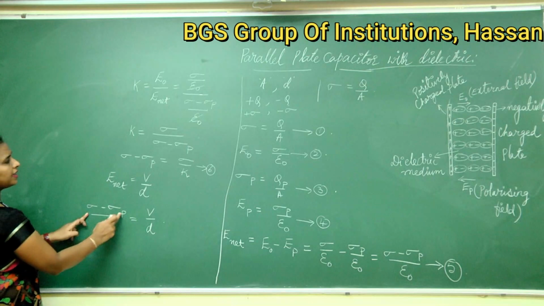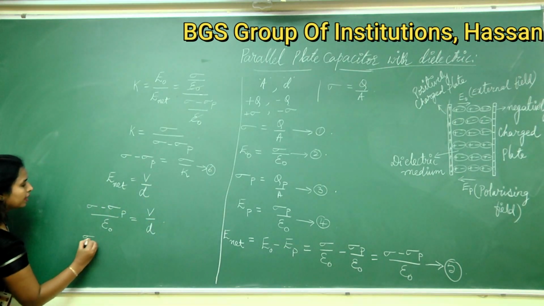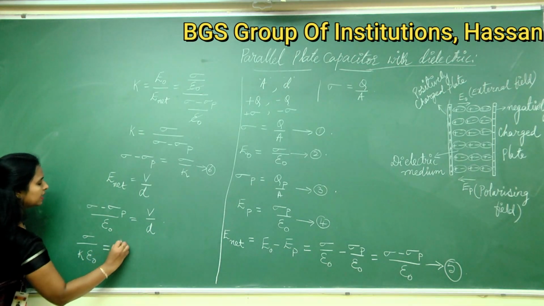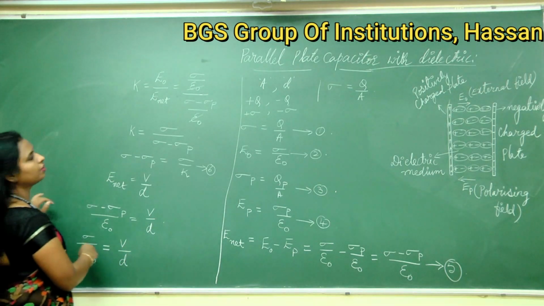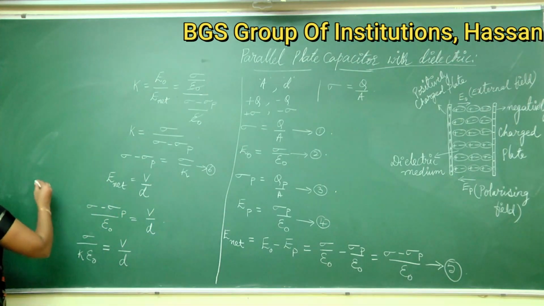And what is sigma minus sigma P? According to equation 6, substitute it. Sigma by K epsilon naught is equal to V by D. And what is sigma? According to equation 1, sigma is Q by A. Substitute that also.